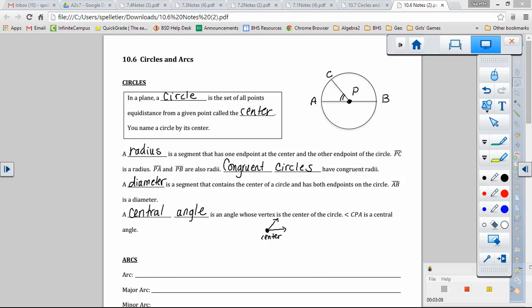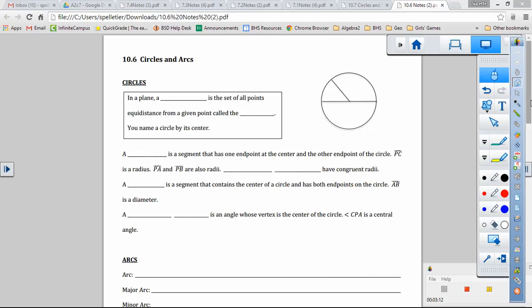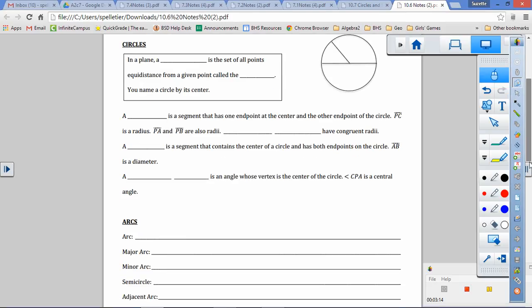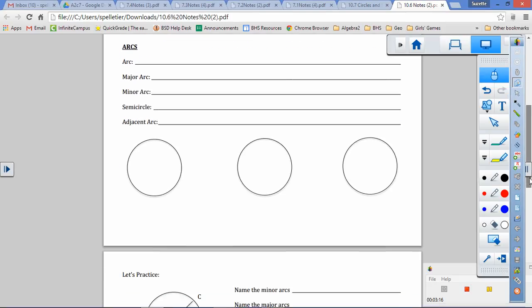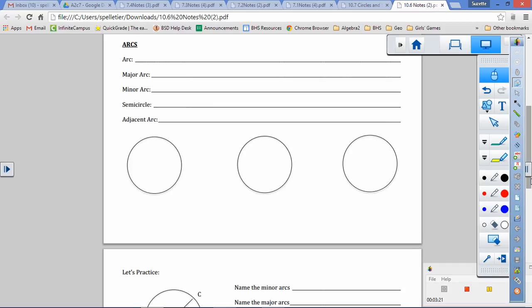All right, the next thing we need to talk about are the arcs of a circle. So an arc, I want you to think about like the piece of the pie, okay?